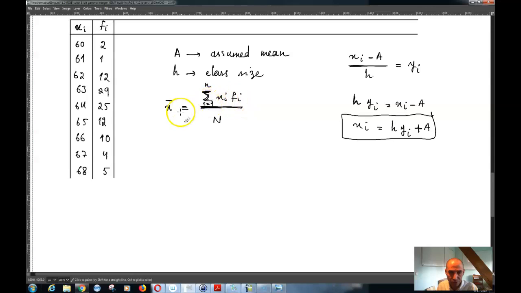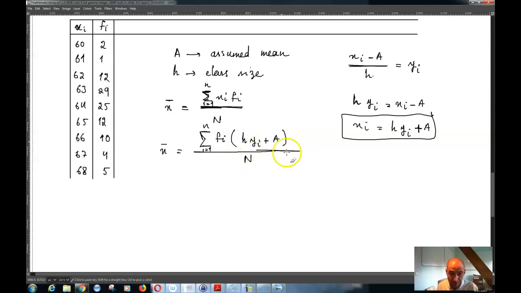And so now I can calculate x bar in terms of y of i, meaning that I can write x bar is equal to sigma, i goes from 1 to n, f of i times x of i. X of i is basically this expression over here, which is h times y of i plus A, and I can divide that by n.